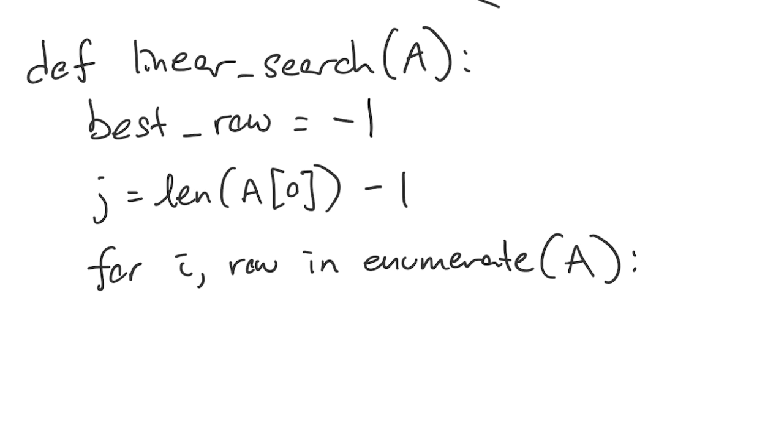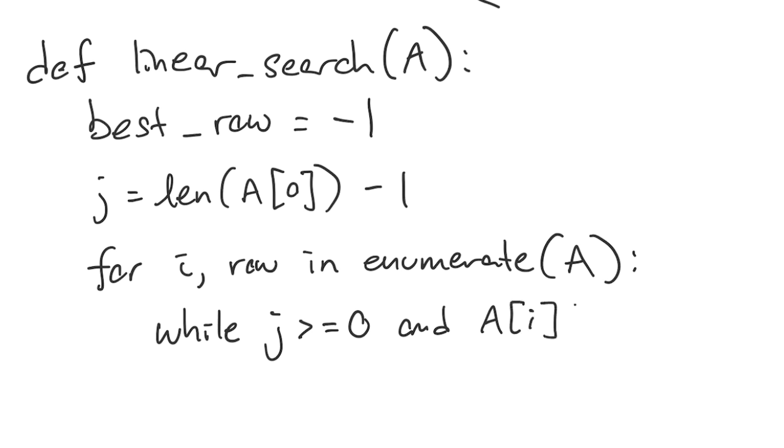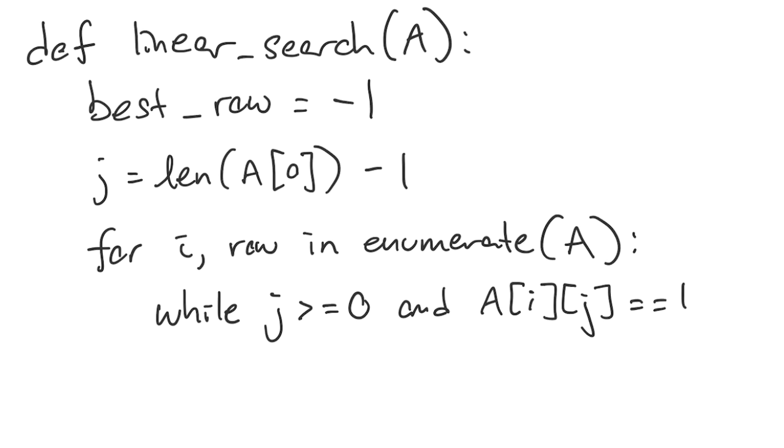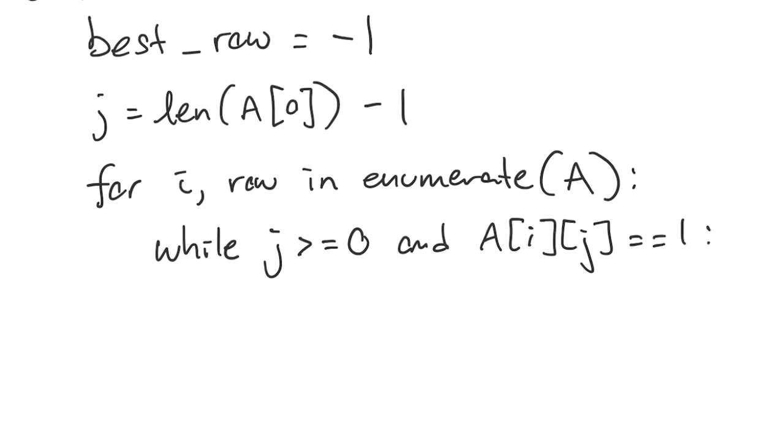And then inside this loop, we're going to check this condition while simultaneously walking to the left. So we'll say while J is greater than or equal to 0, so that means we're still within the matrix, and A[i][j] is equal to 1, then walk to the left.